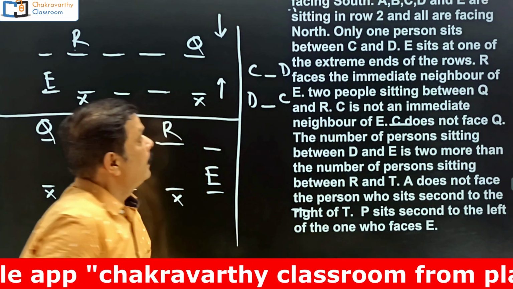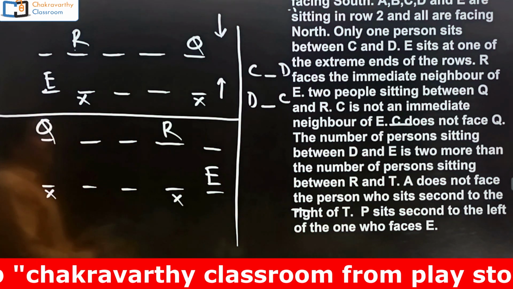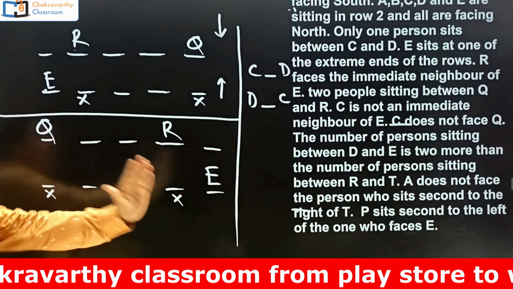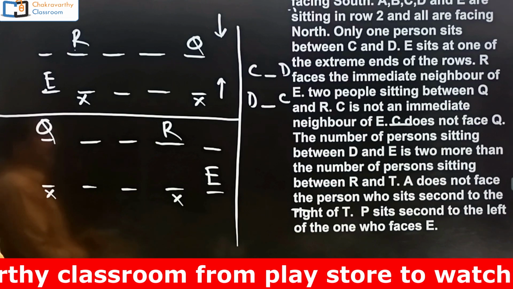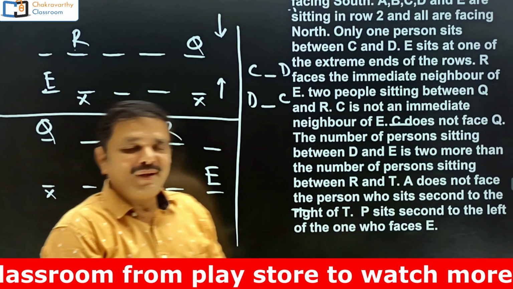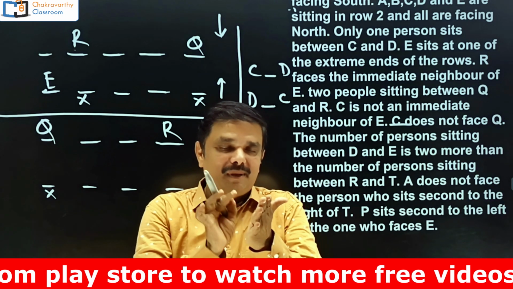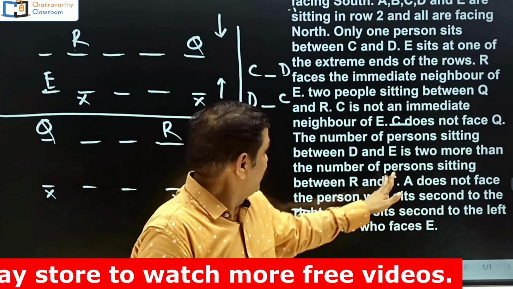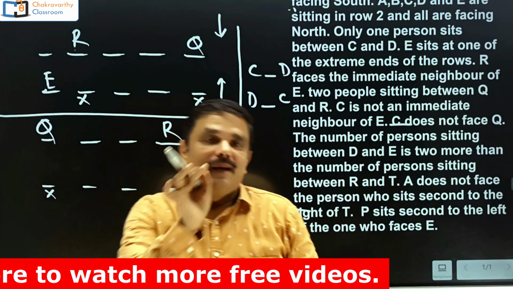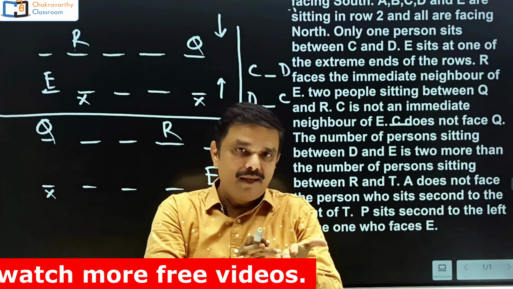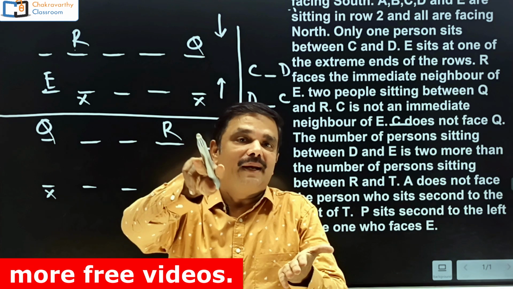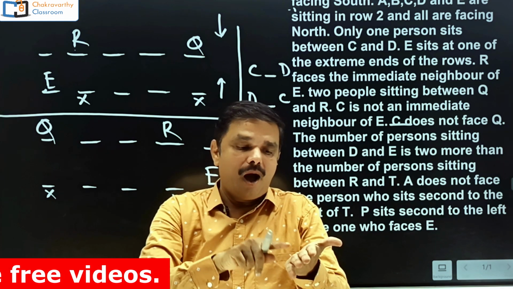Right. Now the number of persons sitting between D and E is 2 more than the number of persons sitting between R and T. Very good information. How have they given the number of people between... not C, I'm sorry, D and E? The number of persons between D and E is 2 more than the number of persons between R and T.